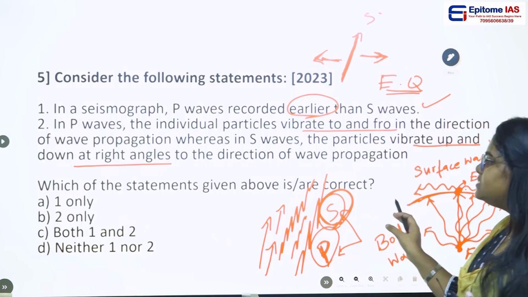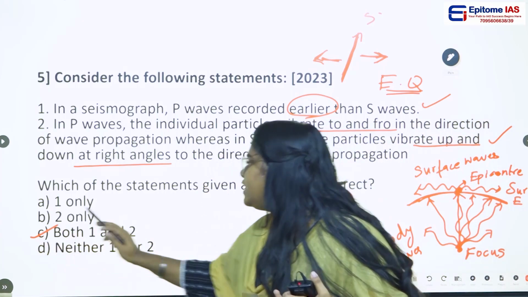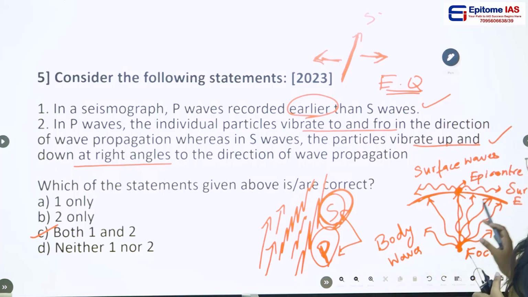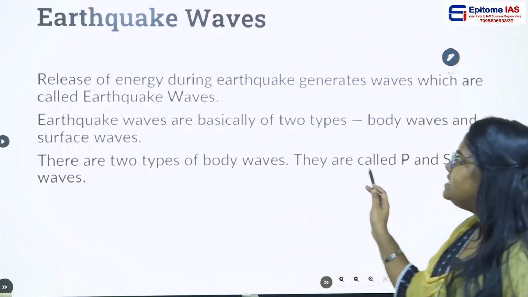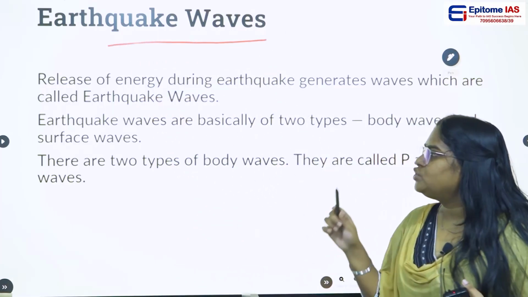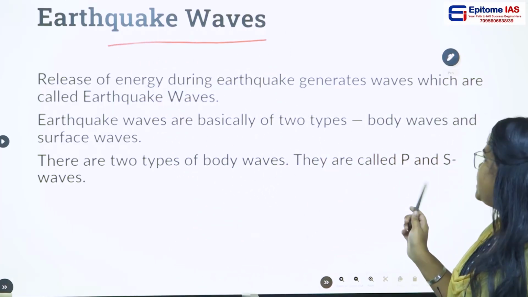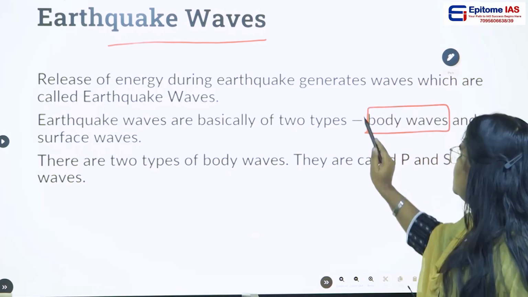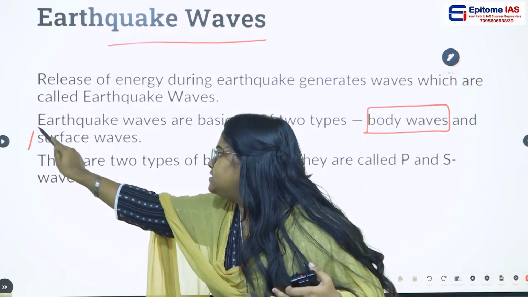So what is the correct answer? Option C, both 1 and 2 are correct statements. There are two sorts of earthquake waves: body waves and surface waves.